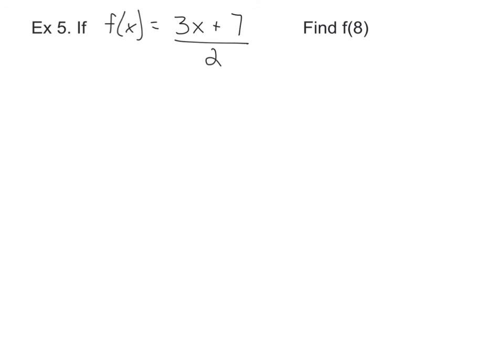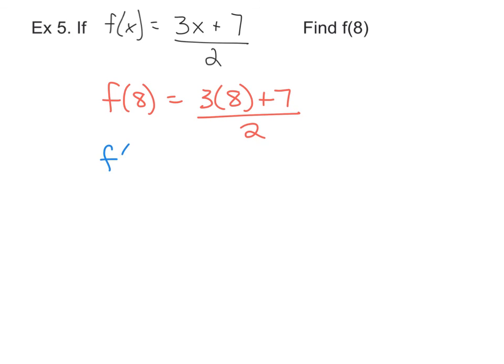And what would a unit be, a lesson be, without the use of fractions? So here, if f of x equals 3x plus 7, all divided by 2, find f of 8. Still the same process. f of 8 equals 3 parentheses 8 plus 7 over 2.